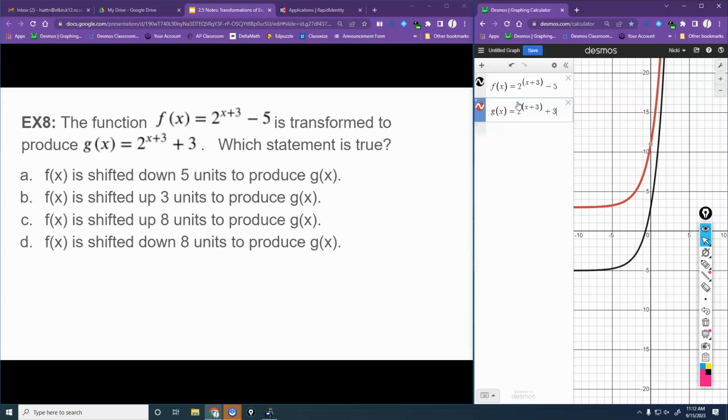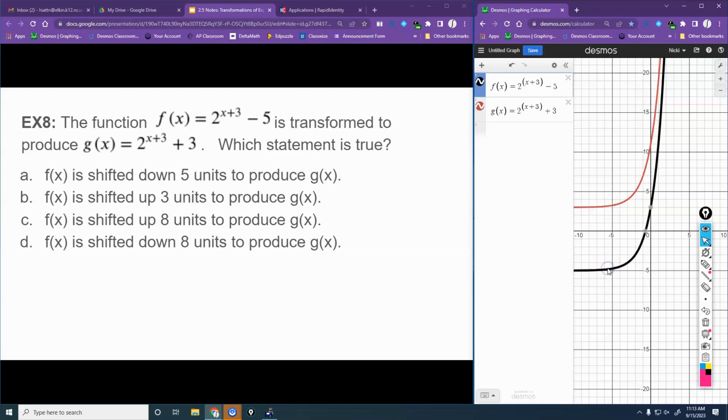All right. How did you get A, Ayla? So it's important to know which one's F and which one's G. F is this black graph right here. That's what you're starting with. And so it's becoming the red graph.